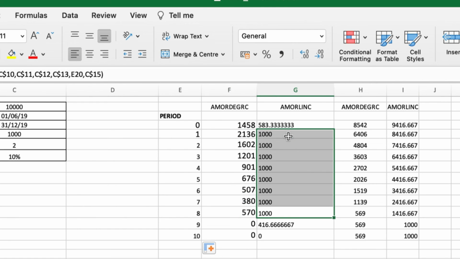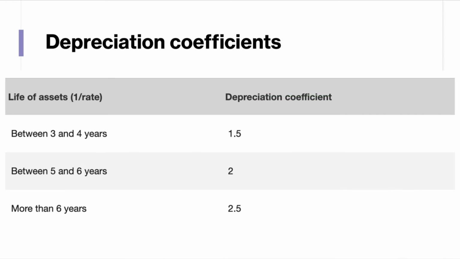What makes it so? When we come to this slide, here you can find depreciation coefficients. So what does this do? For the first formula, it checks the period, whether it is the first year or second year. It doesn't do anything.